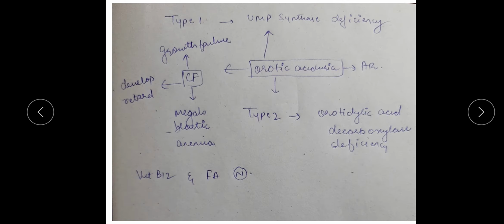That is called orotic aciduria. Type 2 is orotidylate decarboxylase deficiency, and type 1 is UMP synthase deficiency. It is autosomal recessive. It presents with growth failure, developmental retardation, and megaloblastic anemia. The interesting thing is that even though vitamin B12 and folic acid are normal, there is still megaloblastic anemia.